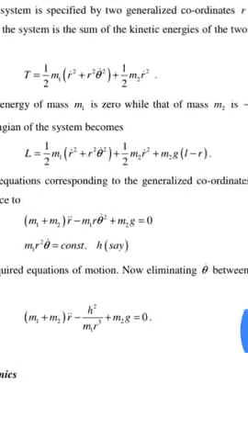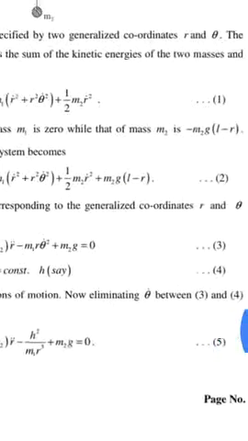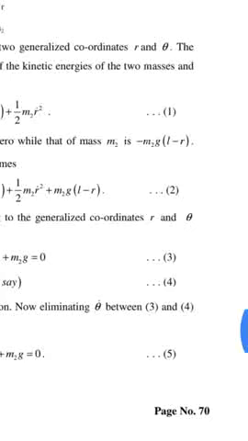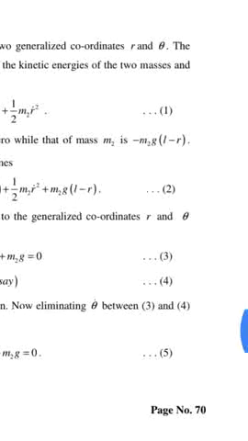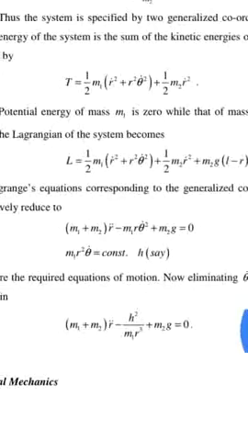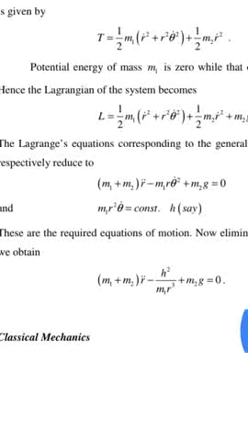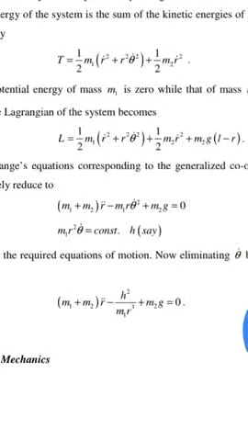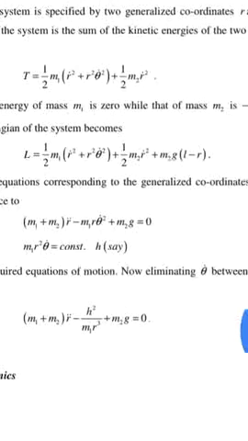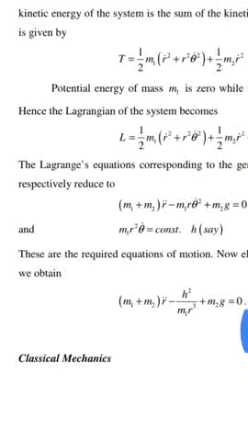Potential energy of the mass m1 is 0 and potential energy of the mass m2 is minus m2 g (l minus r). Therefore, the Lagrangian of the system becomes L is equal to T minus V, which is 1 by 2 m1 (r dot square plus r square theta dot square) plus 1 by 2 m2 r dot square plus m2 g (l minus r).